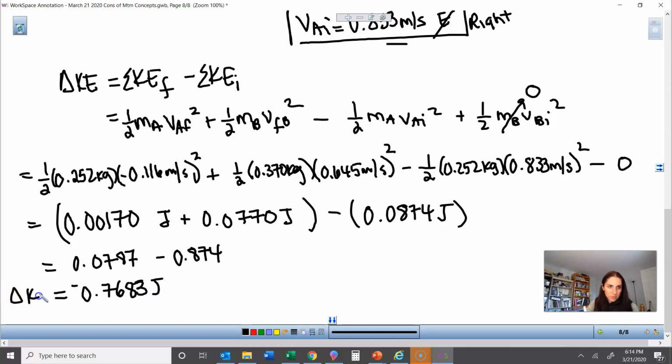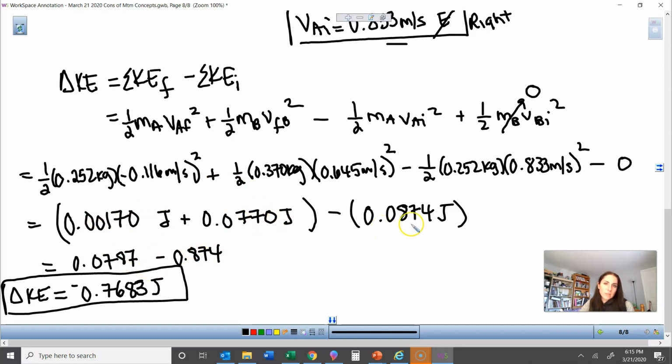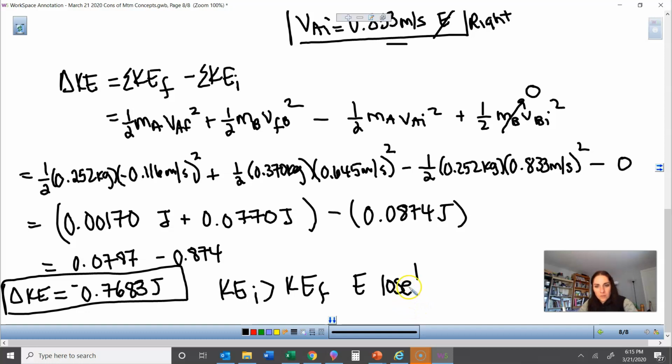So the change in kinetic energy is negative 0.76. So basically the negative means that the initial energy is greater than the final energy, which means energy lost.